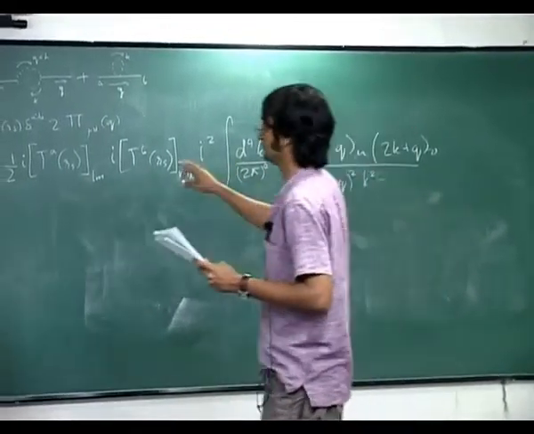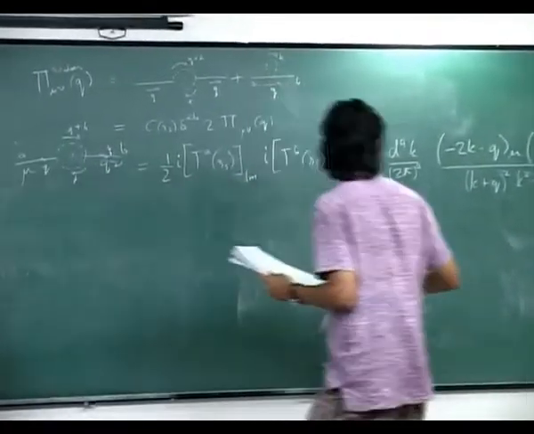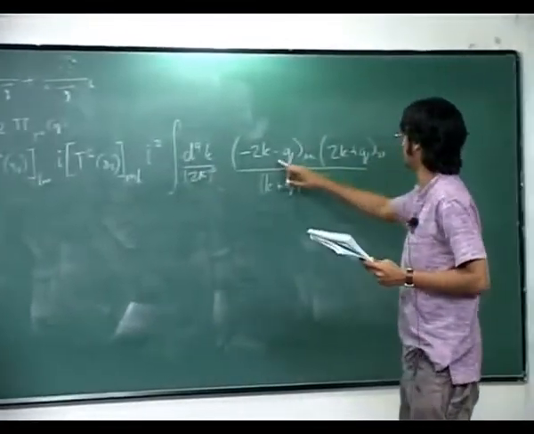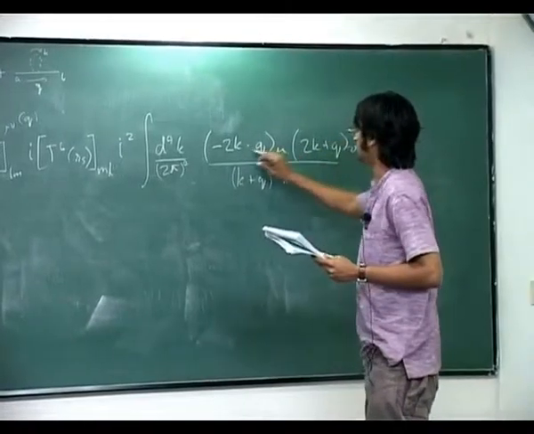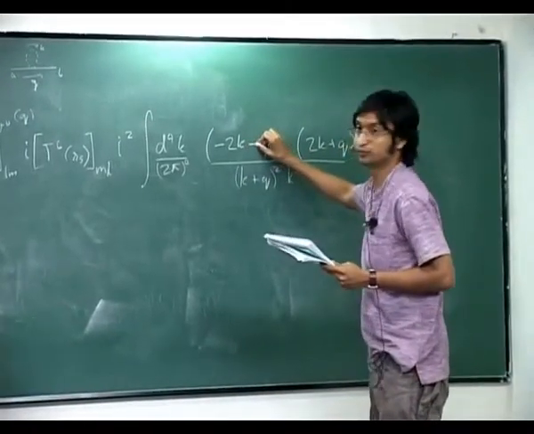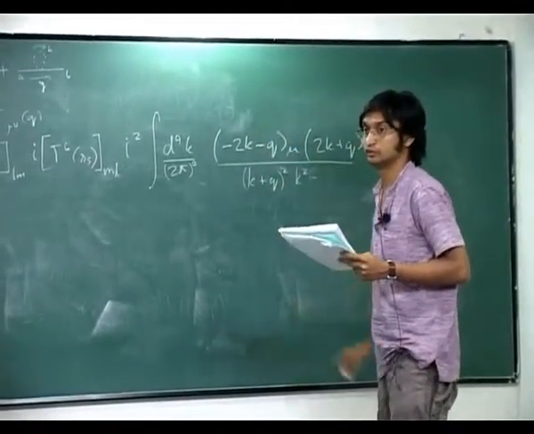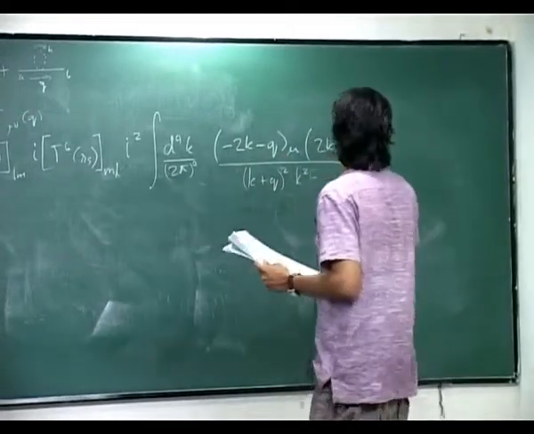That's 2K plus Q. Write the plus clearly. The first one. This is minus 2K minus mu, minus Q. Minus, correct. That's fine. And 2K plus Q.